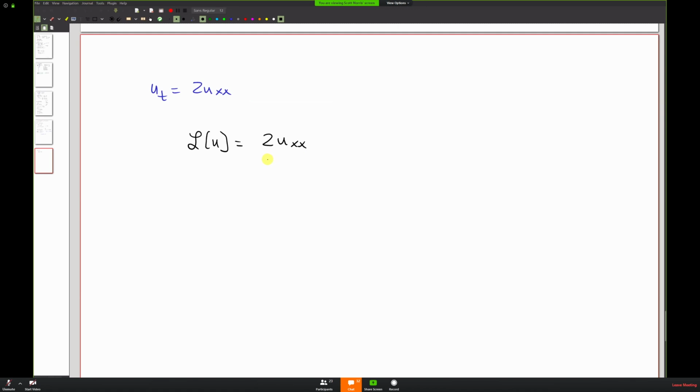But W is not 2 here. If we really wanted to carry through, let's put it in Sturm-Liouville form: 1 over W times (2 W u_xx plus 0 W u_x).